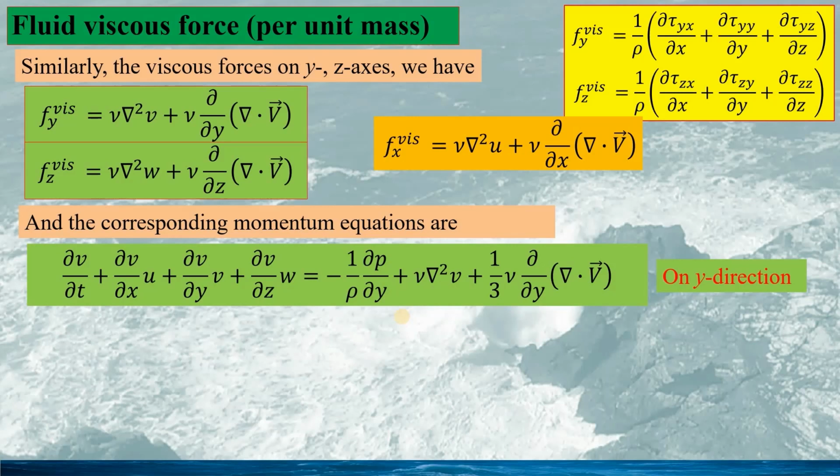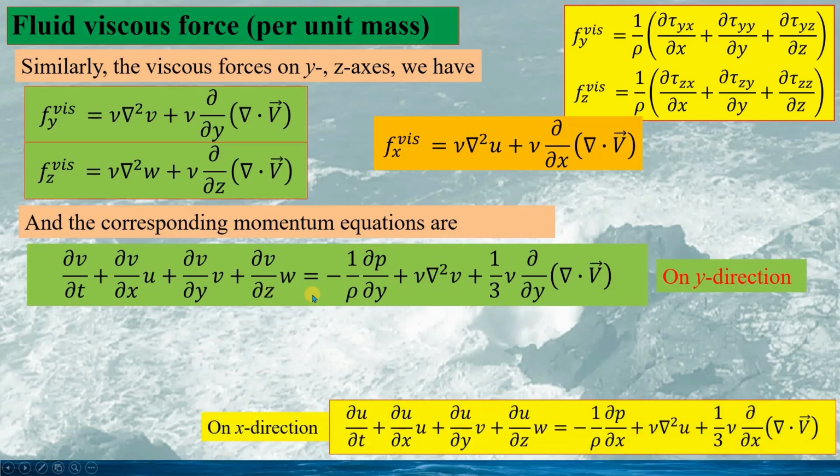The corresponding momentum equation on y direction would be given as this. So if we compare this momentum equation with the momentum equation on x direction, we can see the velocity component on y direction, v, here, and here. And the gradient would be with regard to y, here and here. And all other terms would be the same as the one in x direction.